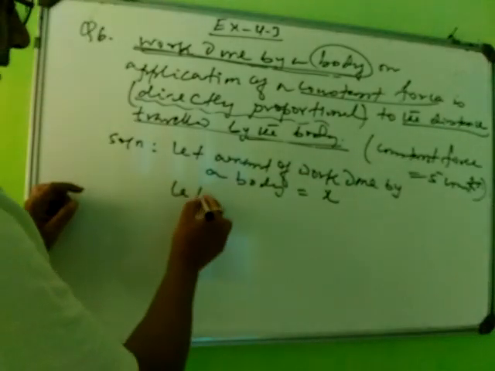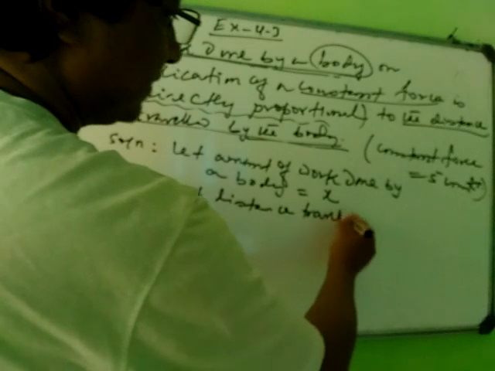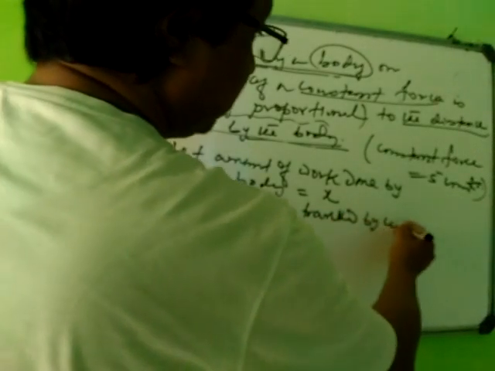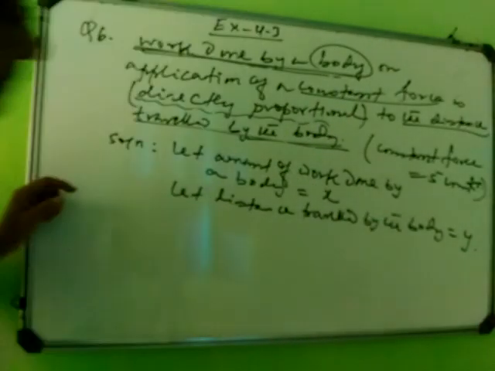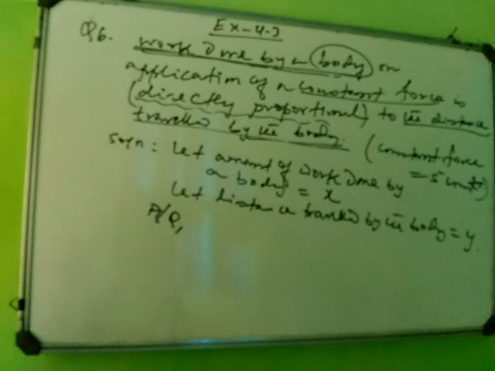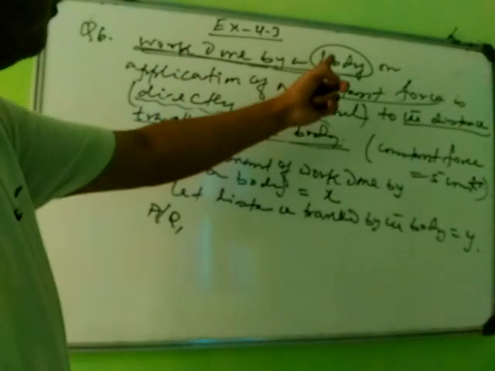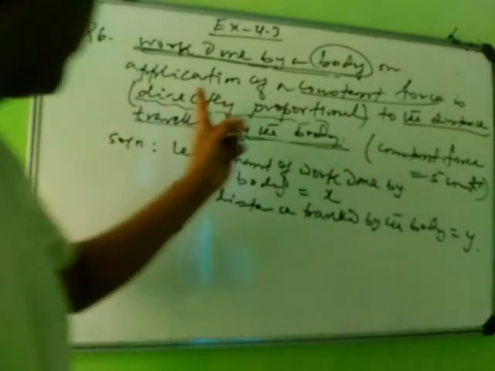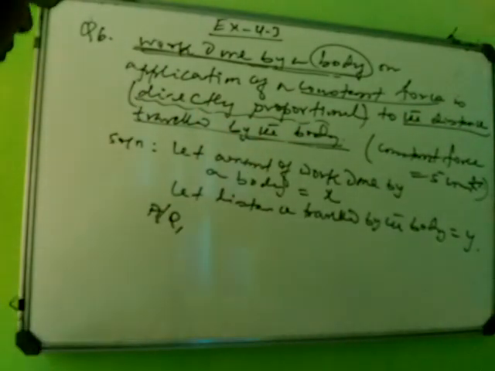Let the distance traveled by the body be y. Now according to the question, work done by a body is directly proportional to the distance traveled by the body.